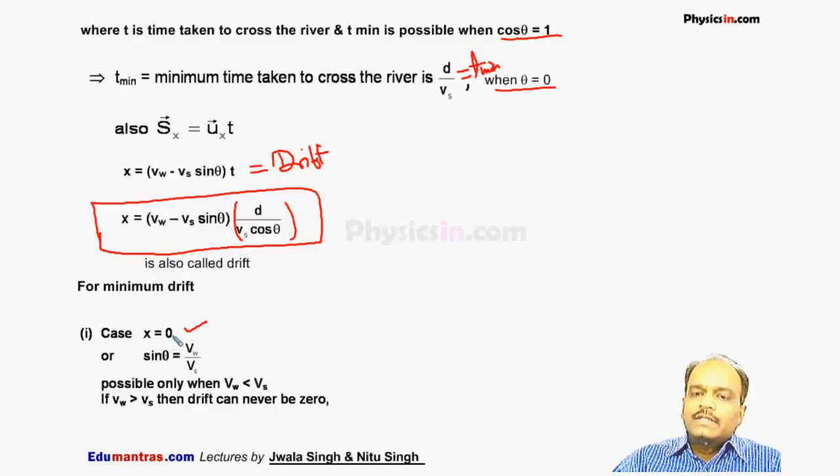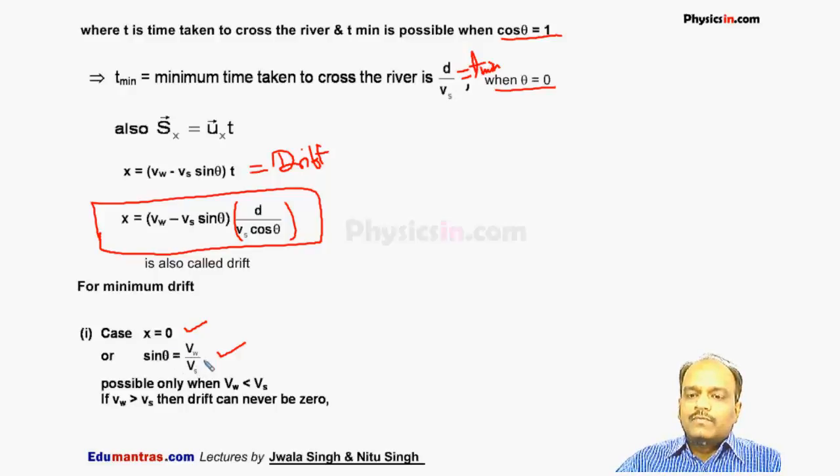The time can never be 0, so this term is 0. From here we get Vw minus Vs sin theta equals 0, so sin theta is Vw by Vs. But this relation is valid only when Vw is less than Vs, because sin theta can never be more than 1. So the drift is 0 only when Vw is less than Vs.